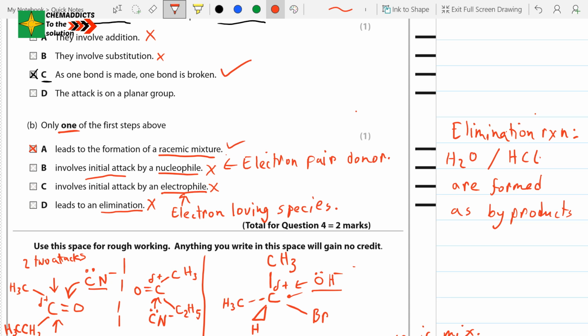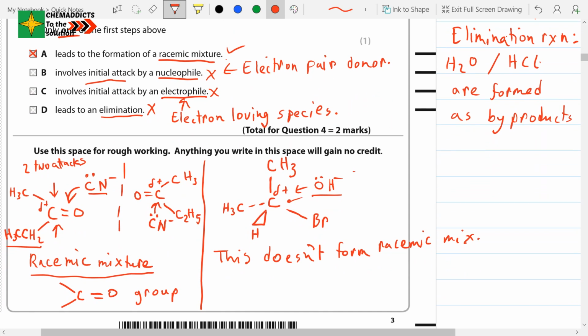Let me review this once again. Here they have asked which one of the first steps leads to the formation of a racemic mixture. If we review, this molecule forms a racemic mixture. Here this doesn't form a racemic mixture, since this part of the molecule is trigonal planar and this molecule is tetrahedral.